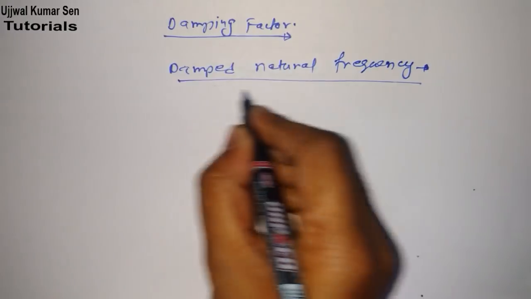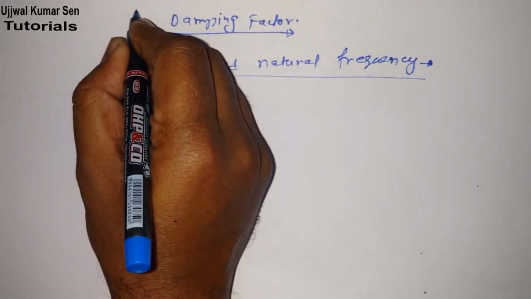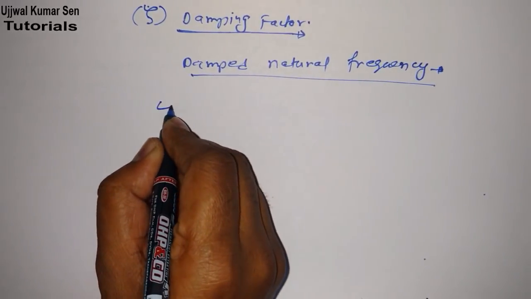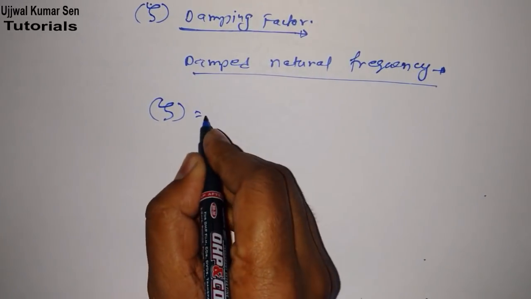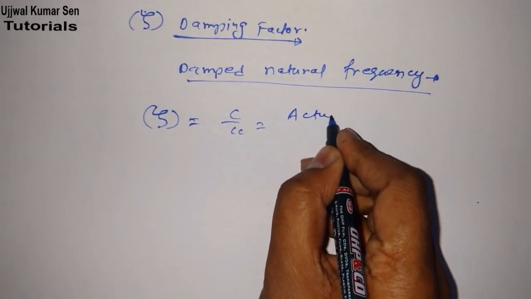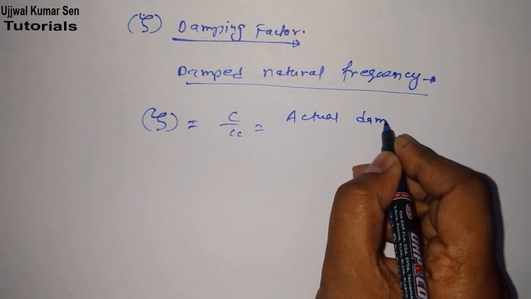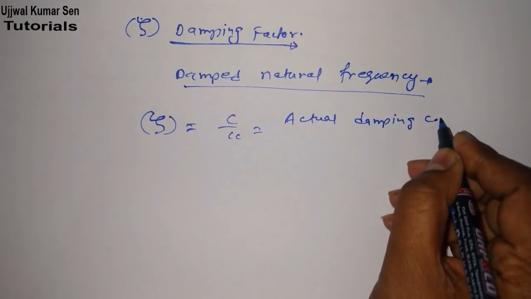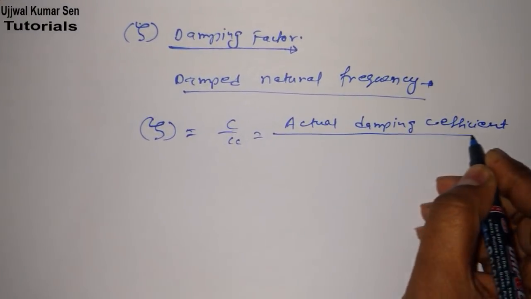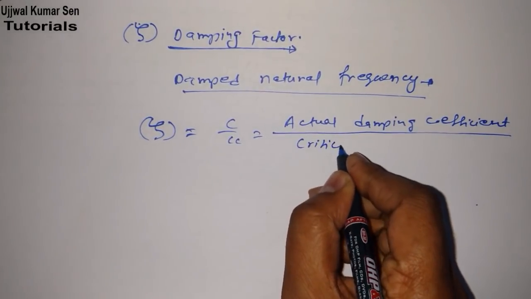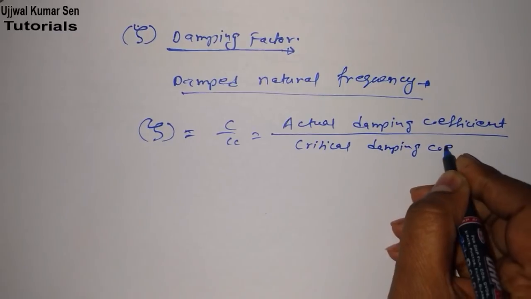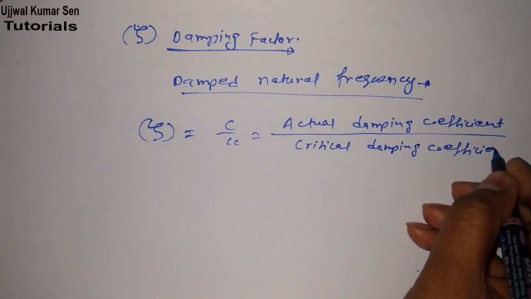So what is basically damping factor? This is denoted by zeta. Damping factor zeta is equal to, we know that, C by Cc. That means actual damping coefficient divided by critical damping coefficient.